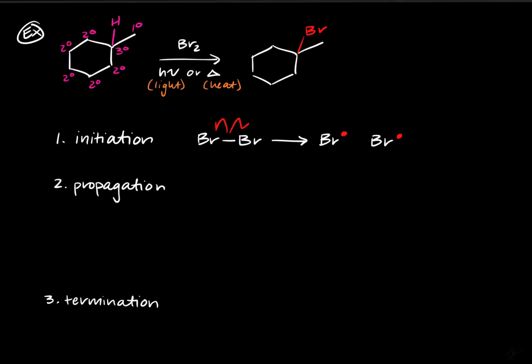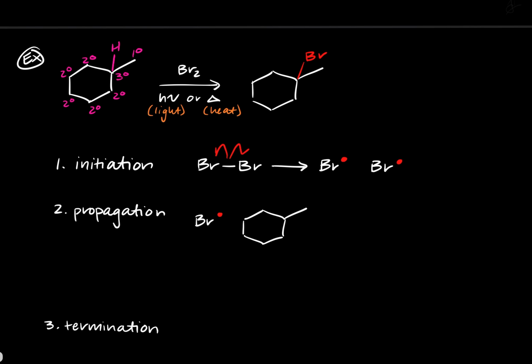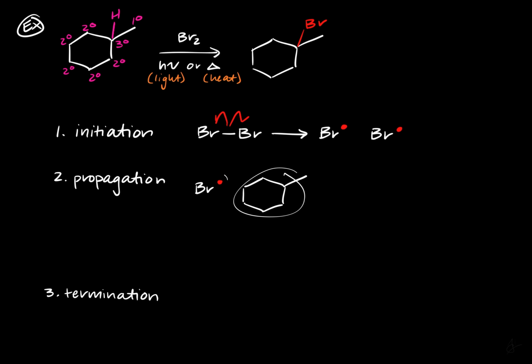Propagation step is when we take a radical, so the radical that we just formed, and we react it with a non-radical. So notice there's a non-radical and a radical, and that step we have our non-radical and our radical. So we should use these two things. Now propagation is going to happen.